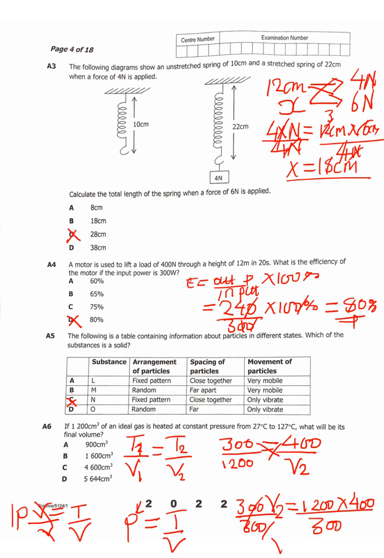I can cancel these two zeros, and these two zeros. So 3 into 3 is 1, and 3 into 12 is 4. So we have 400 times 4. We can just ignore the two zeros and multiply the numbers, or you can just use a calculator, because in science calculators are allowed. So 4 times 4 is 16, then we put the 200 back. So our final answer is 1600 cubic centimeters.